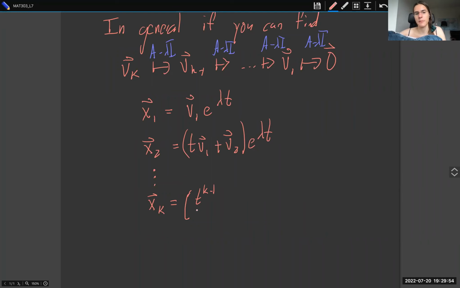So it would be t to the k minus 1 divided by k minus 1 factorial, times v1. Then I guess I can write the next term, t to the k minus 2 over k minus 2 factorial. And then I can write the last two terms if they exist: v k minus 1 t plus vk. Right? Does that make sense?